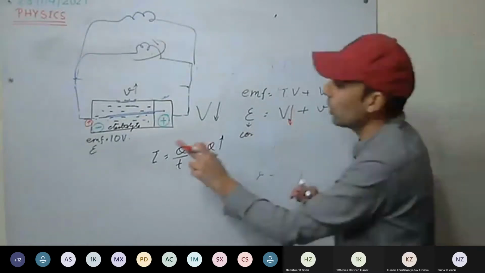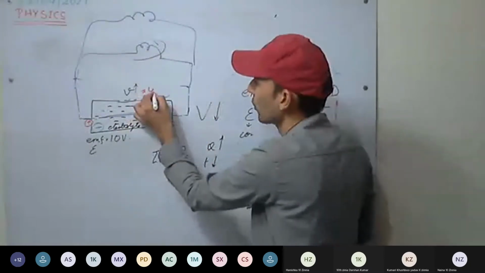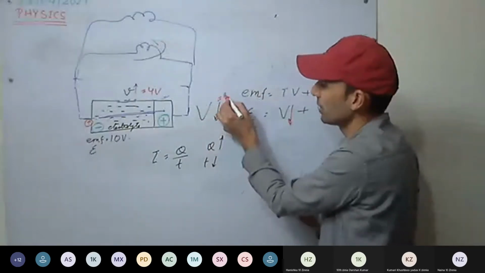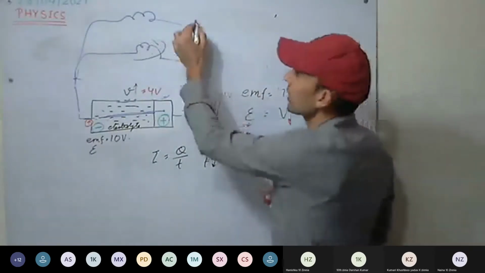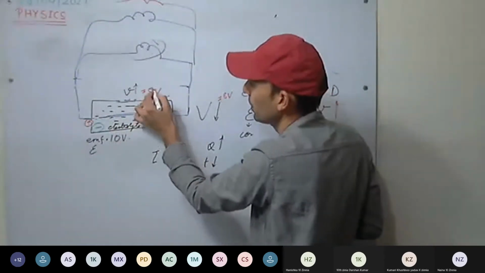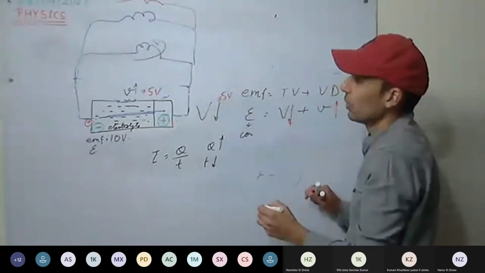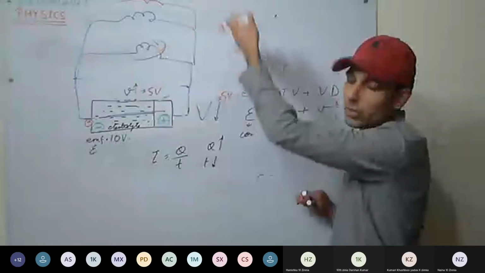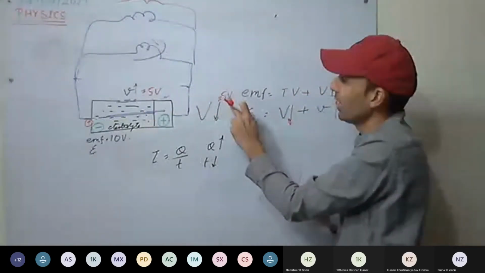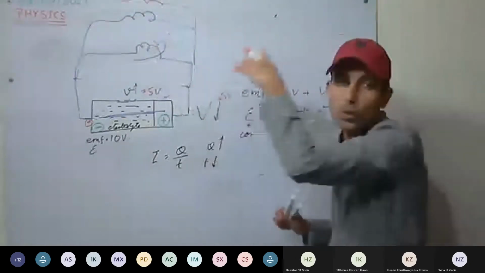For example, if the voltage drop comes out to be 4 volt, how much terminal voltage? 6 volt. For example, we have connected more load, and this time more charge carriers flow, and the drop comes out to be 5 volt. How much will it be here? 5 volt. So the more the current drawn, heavy current drawn, the more the voltage drop, and the less the terminal voltage. Less terminal voltage available, so less work will be done on the bulbs, and they will get dimmer and dimmer.